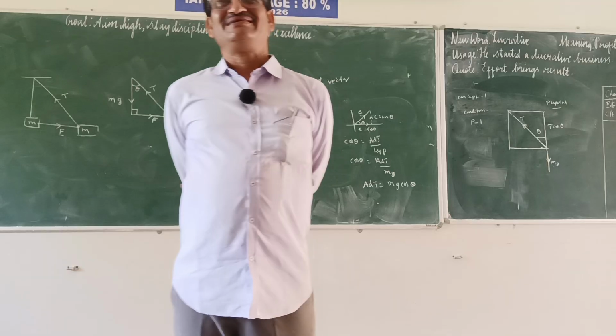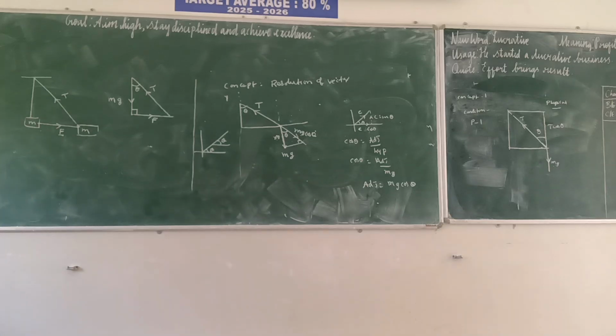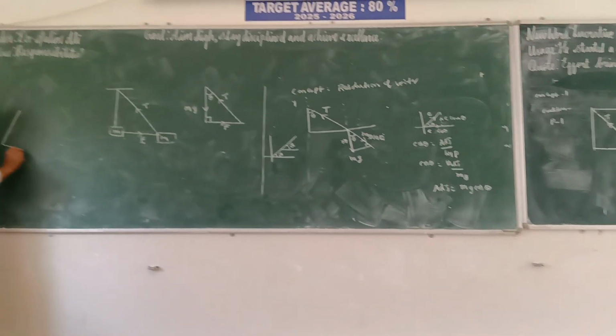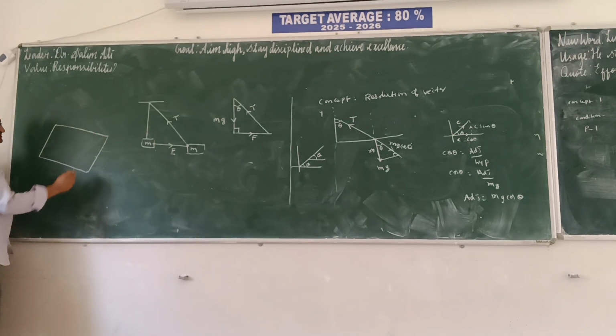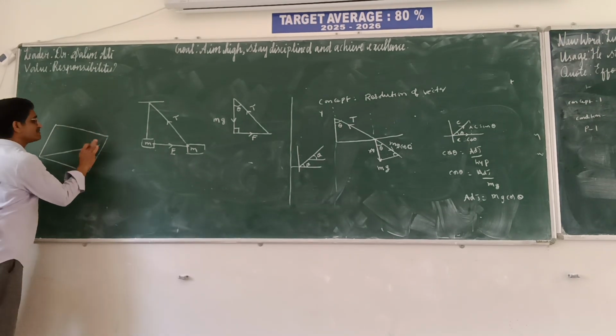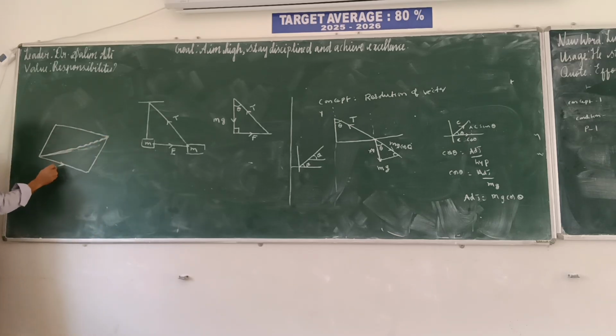Suppose, what is the difference between the triangle law and the parallelogram law? Both are the same, but I will explain. So this is a parallelogram. Suppose this is A bar, this is B bar.